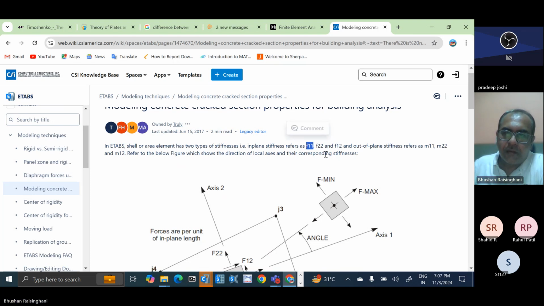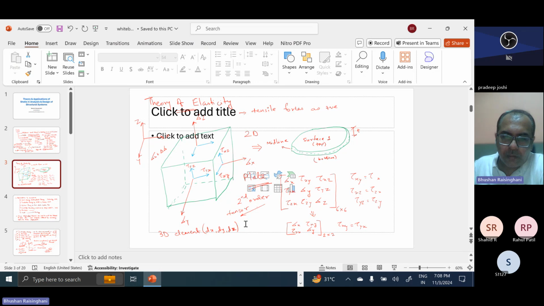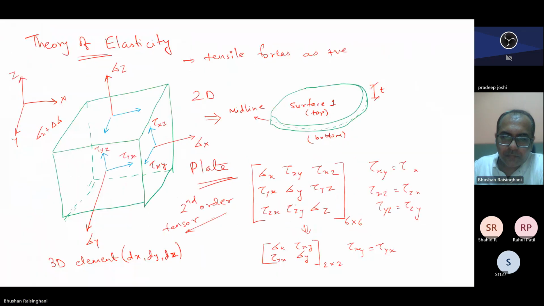Okay. Now again, this will be my sigma y. Am I clear? So normal is 2 and force is in direction 2. Now, as I had told you, we are converting this three-dimensional 6x6 matrix to a 2x2 matrix. So sigma x, sigma y, you got what? F11, F22.